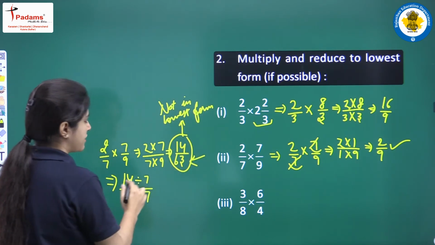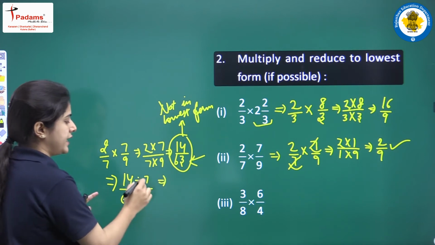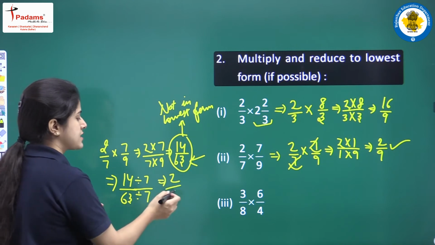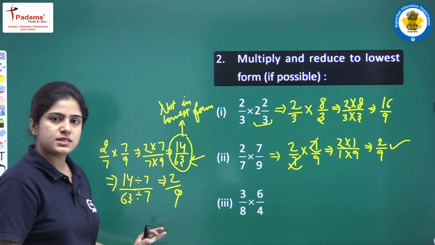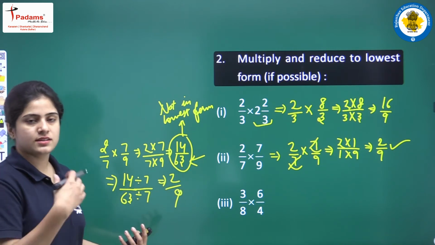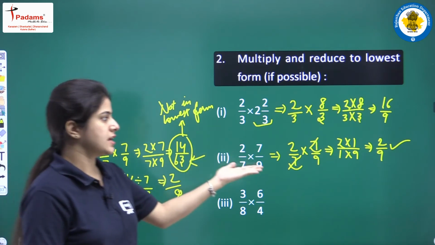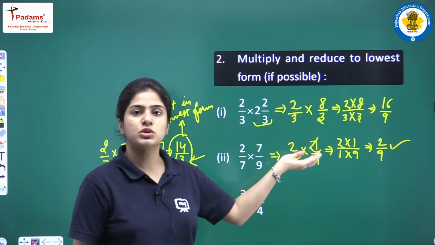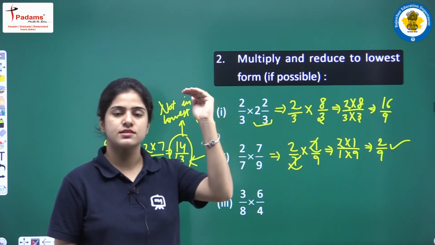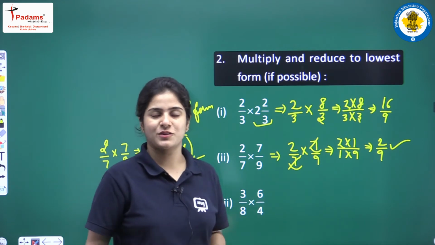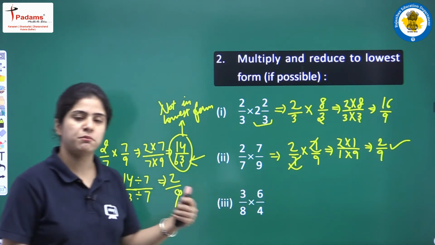So we will divide it by 7. 14 divided by 7 is equal to 2 and 63 divided by 7 is equal to 9. So in this method you can do the cancellation with the help of division, and in the other you can see 7 and 7 both can be cancelled out because one is in the numerator and one is in the denominator. So you can solve this question by both the methods.